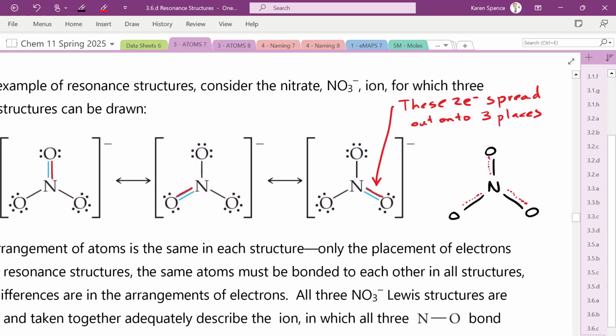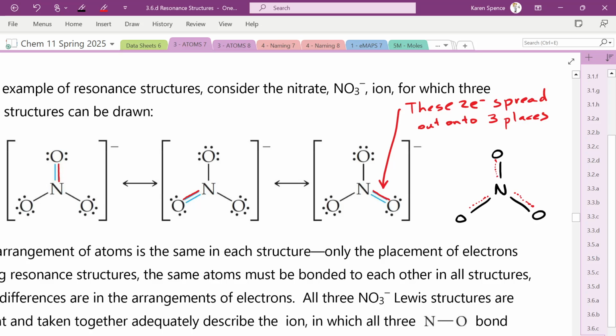Is that a 1.5 bond or is it something different? Tell your partner what you think.